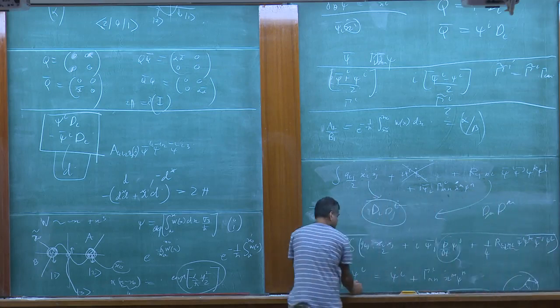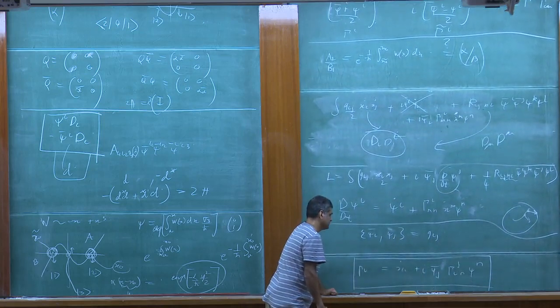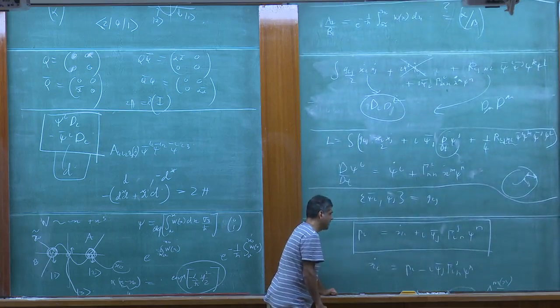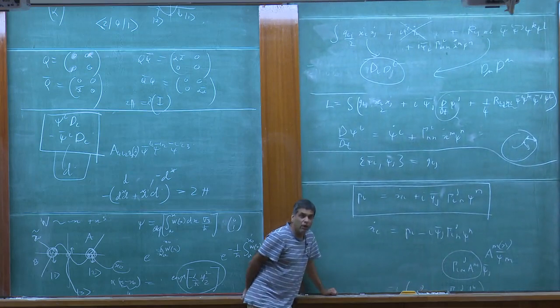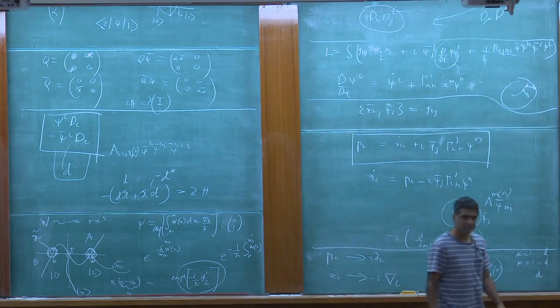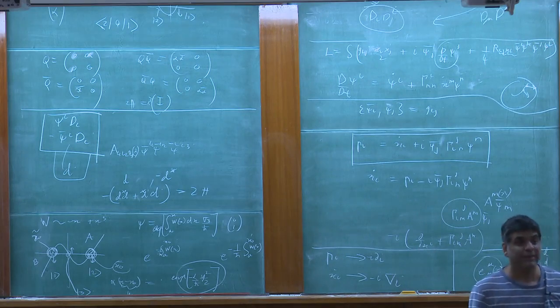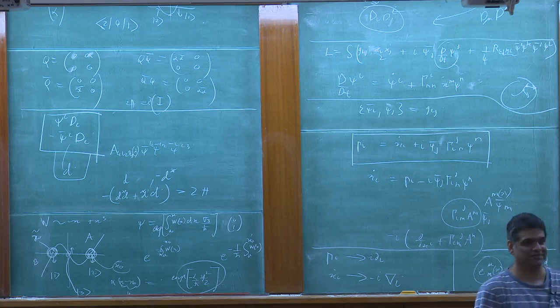Okay, let's continue. Our goal now is to add a potential to our model. We're on the same model moving on an arbitrary manifold, but now we want to add a potential function to this model.